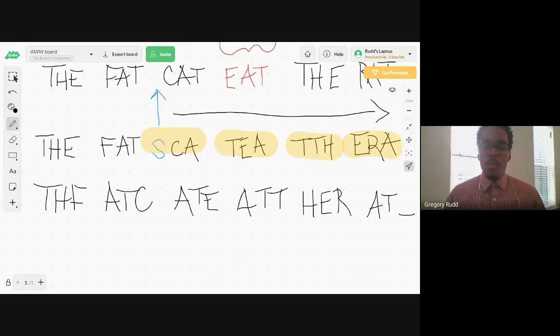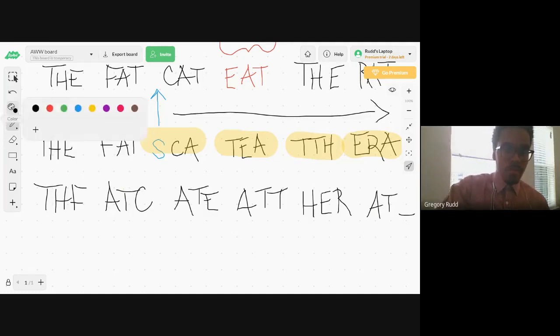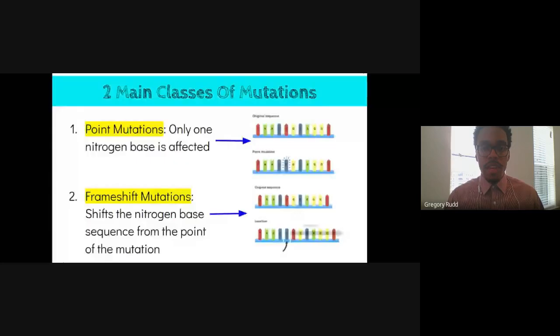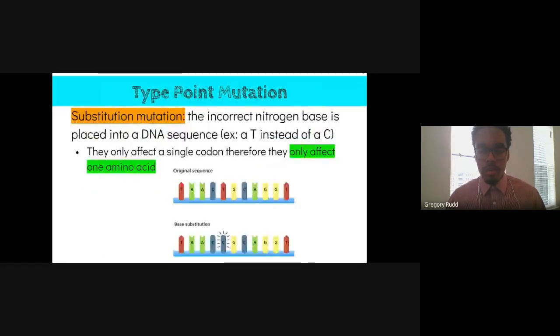So again, when I delete a letter, like I did there, or when I insert a letter, like I did here, everything that comes after it gets shifted over. So this is why we call them frame shift mutations. They shift everything else over.